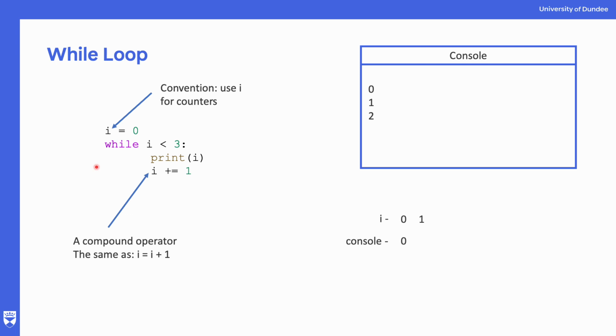So print my current value of i out into the console, so that's 1. Increment by 1, i becomes 2. Is 2 less than 3? Yes, so print that out into the console. Increment by 1, and this is where the fun starts. Is 3 less than 3? No, so I'm going to skip out of the while loop and continue with whatever code is underneath here. That is my loop finished.